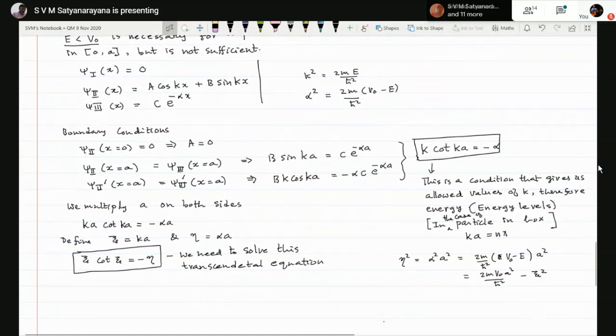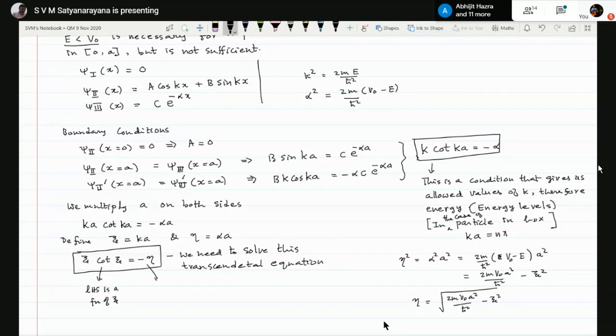In other words, eta is equal to square root of twice m V naught A square by h bar square minus xi square. So the right hand side is also a function of xi, and the left hand side is a function of xi. Whenever both sides are functions of xi, we call such equations transcendental equations.